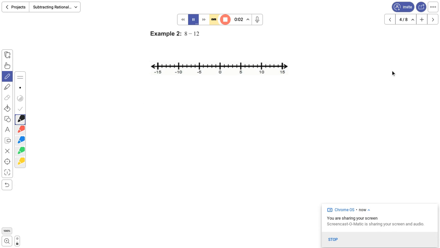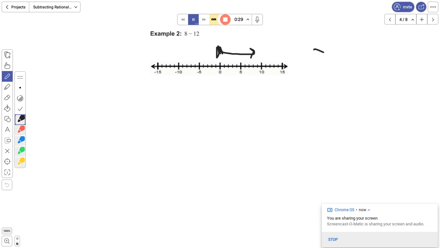Okay, example 2, 8 minus 12. Now it's your turn. Try to show 8 minus 12 and represent this on a horizontal number line. So now would be a good time to pause the video and try this problem. Okay, so in this example, we start at 0, we move until we hit 8.